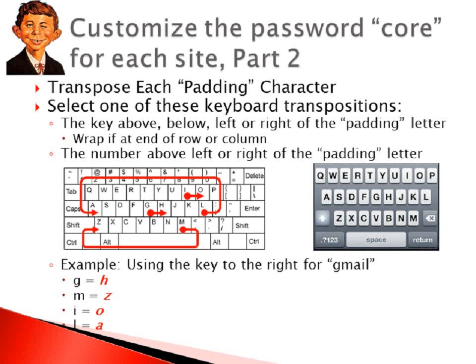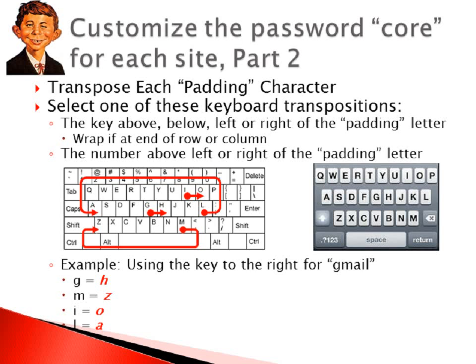I've got to wrap around to the other side of the keyboard, an A. So now I have a padding mechanism, HZOA, which stand for the G, M, I, and L of the site Gmail.